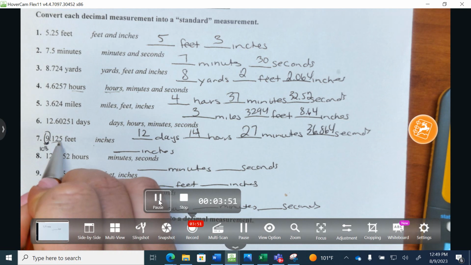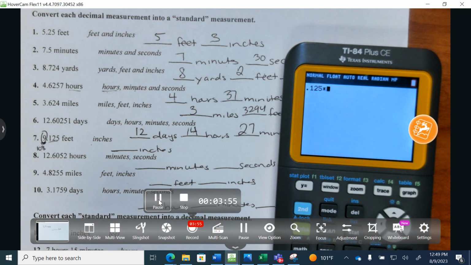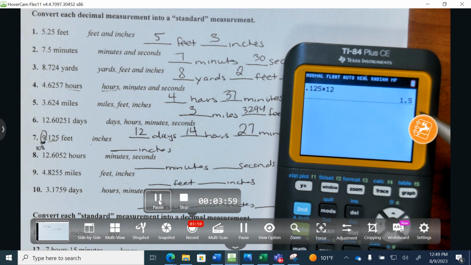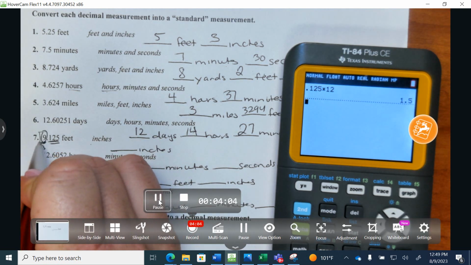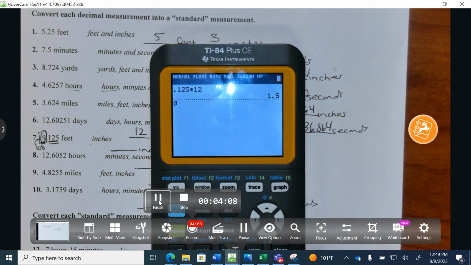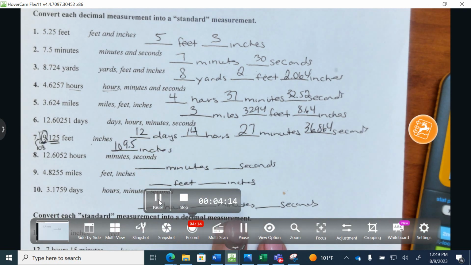And now we have a remainder here. I'm going to take that remainder, and I'm asking myself how many inches would be in 1 foot. There would be 12. So this is how many remaining inches are from this portion. And this 9 feet represents 108 inches. So 108 plus 1.5 gives us 109.5 inches.